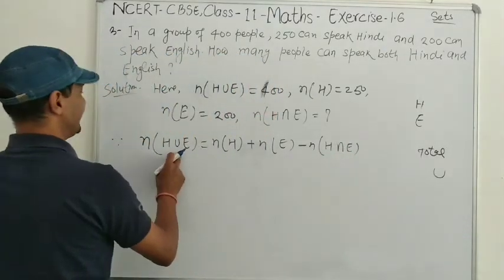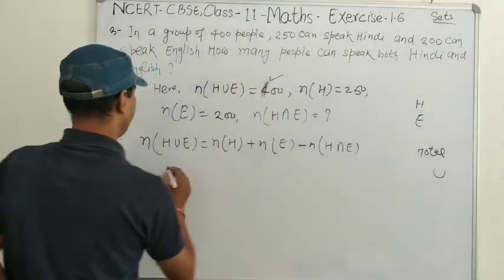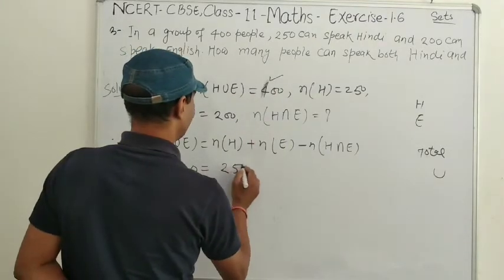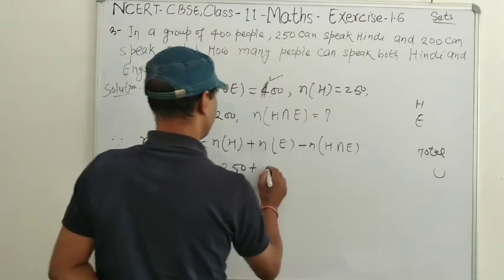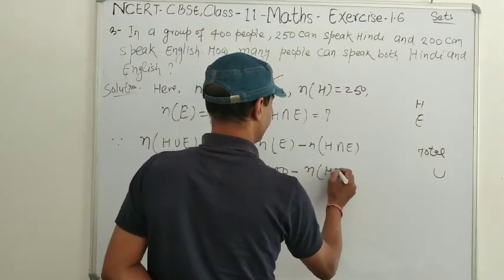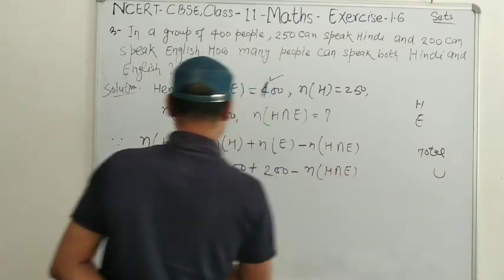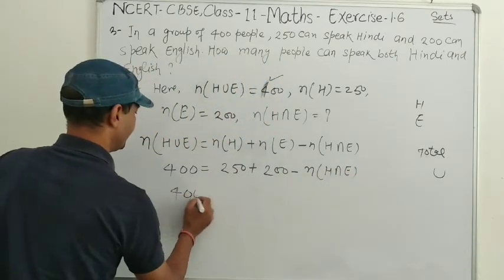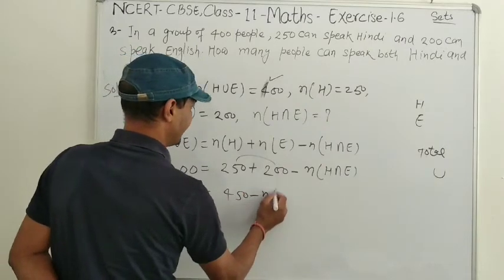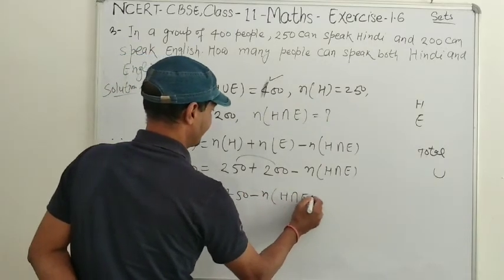So 400 equals 250 plus 200, which becomes 450, minus n(H intersection E).